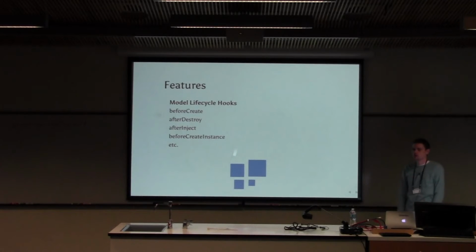So there are model lifecycle hooks. If you've used anything like Mongoose or Sequelize or other ORMs, they a lot of times will provide you with hooks that you can plug code into the various lifecycle steps of any given resource. So for example, if you just want to save something, it seems like a single operation, but you have multiple steps in that lifecycle: before validate, validate, after validate, before save, save, which is the actual save, and then after save.